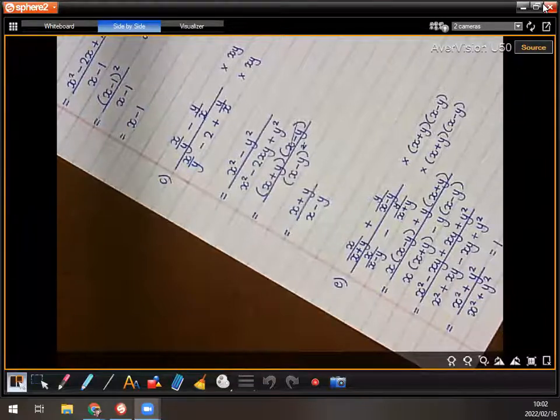So this is a difference of 2 cubes. You have to follow that whole thing. Take the root of each of them, but then that has to be a minus as well. Then from there, you square that one.